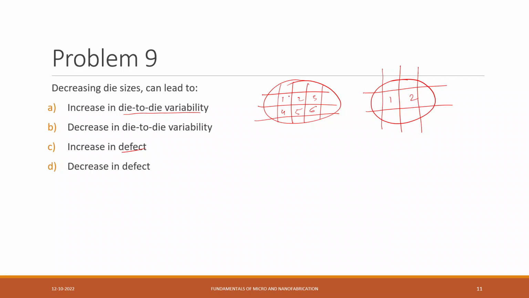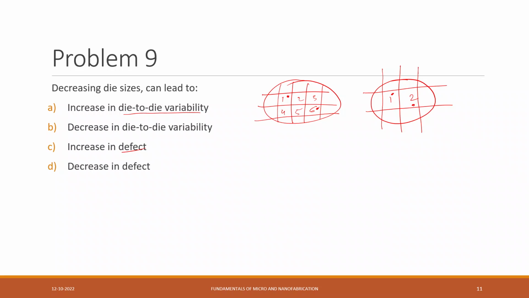If you have a defect at this position and a defect at this position, we are keeping the defect density the same. You will see that here dies 2, 3, 4, 5 are okay, but here, as there are only two dies with the same defect densities, both the devices are not okay to be used.